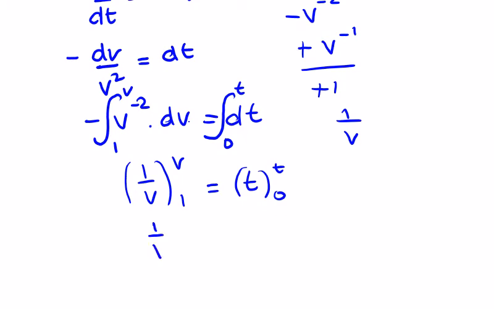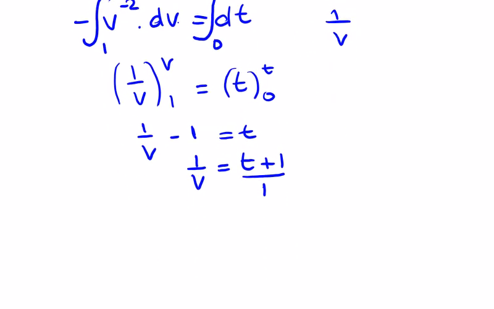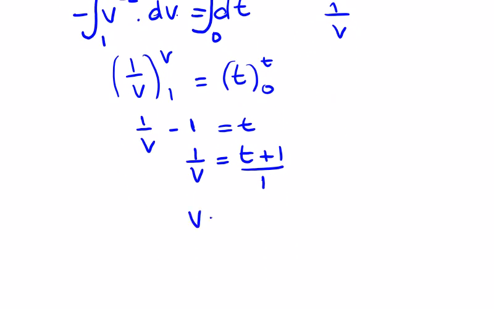So we're going to get 1 over v minus 1 over 1, just 1, equals t. We want v. 1 over v is equal to t plus 1. That will be the same as t plus 1 over 1. So inverting these, we're going to get v over 1 is equal to 1 over t plus 1.